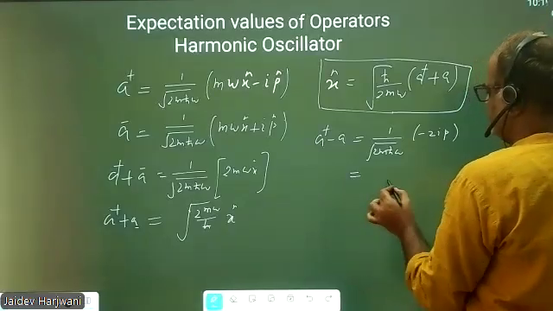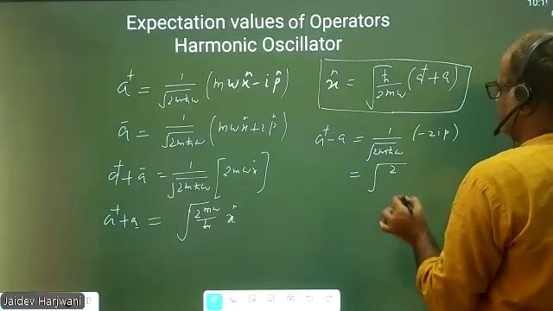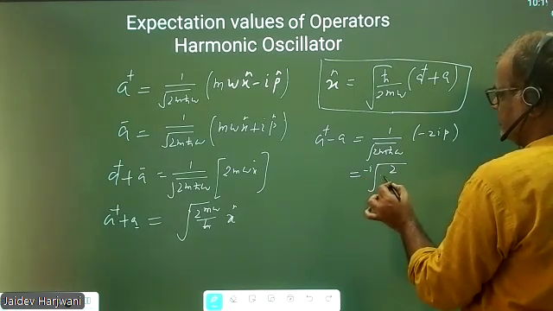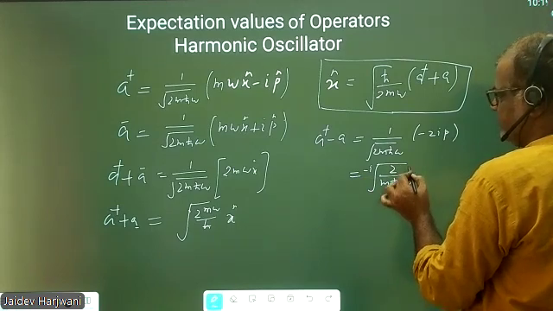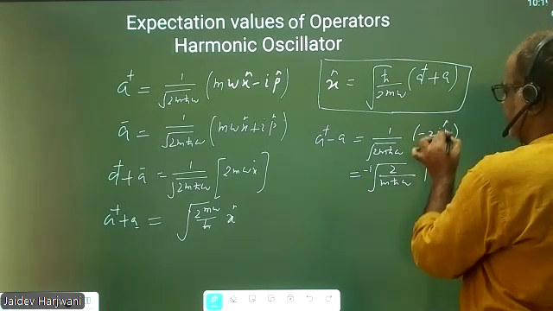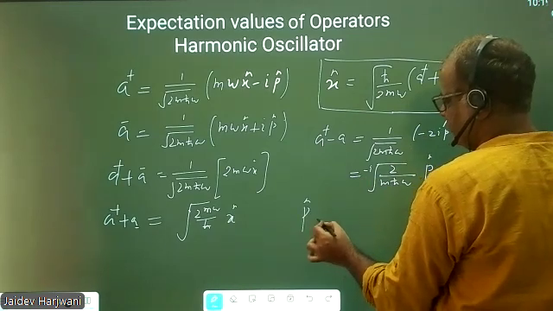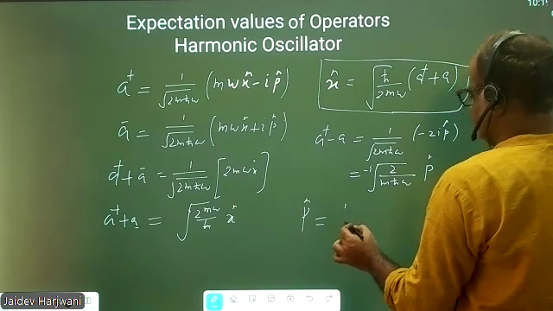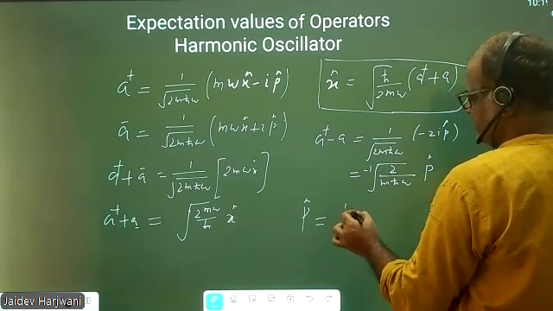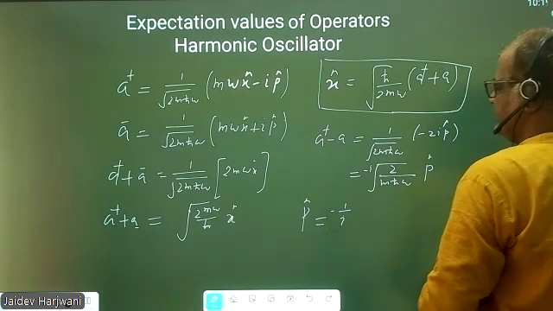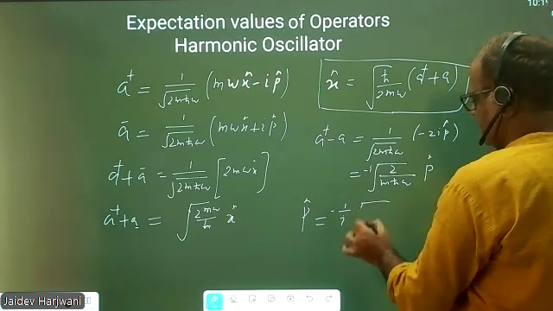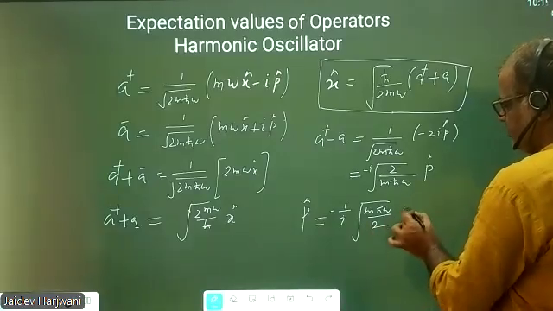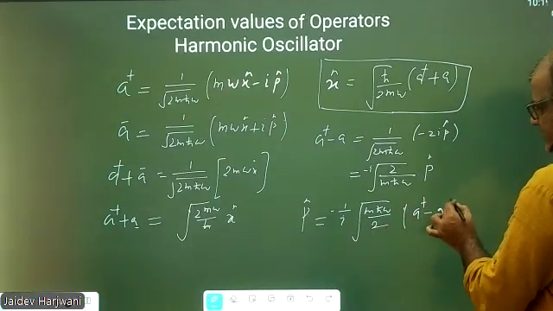So this gives me minus iota root 2m h cut omega p cap, and p cap will become 1 upon iota, the minus will go here, times root of m h cut omega upon 2 times (a plus minus a).